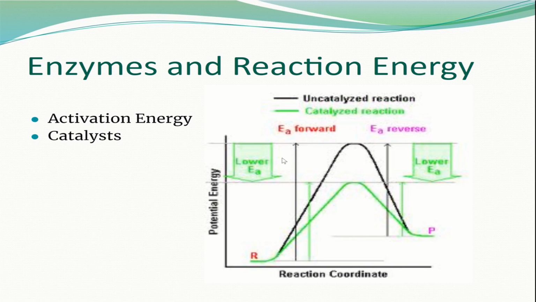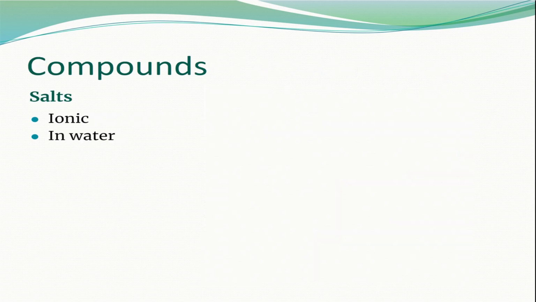And here you can see the difference in a catalyzed versus an uncatalyzed reaction. A lot of times we deal with salts. Remember, salts are ionic and they dissolve in water. So this becomes very useful to us when we are made predominantly of water. And so it's a useful molecular tool for the body to use.